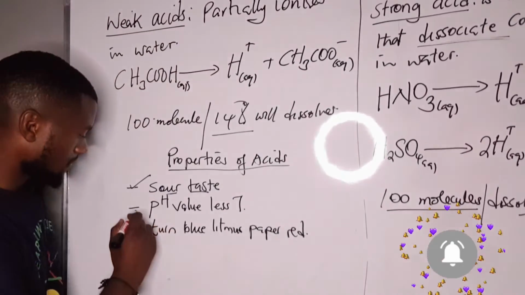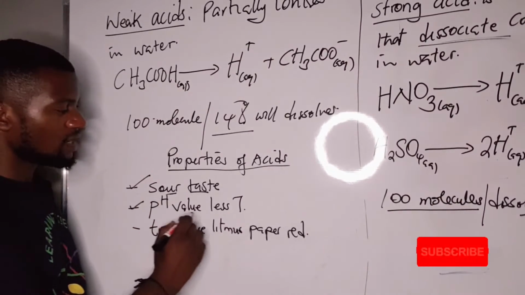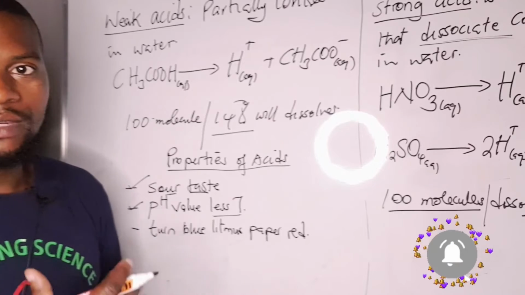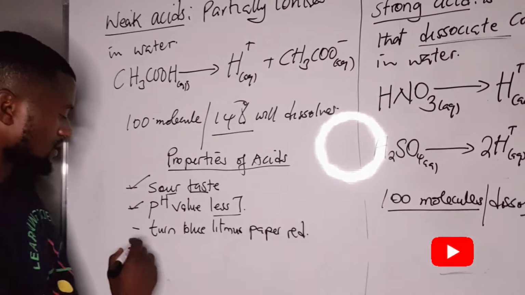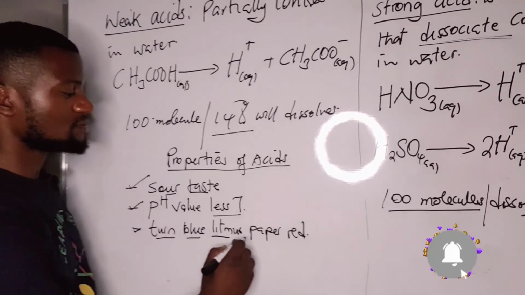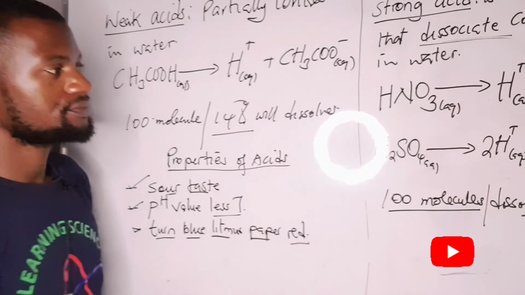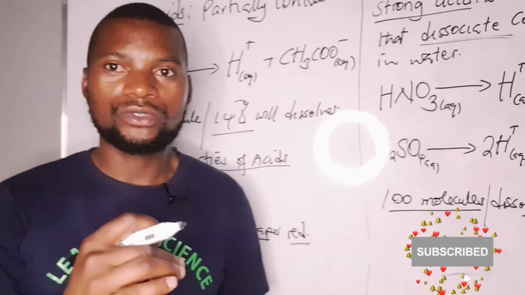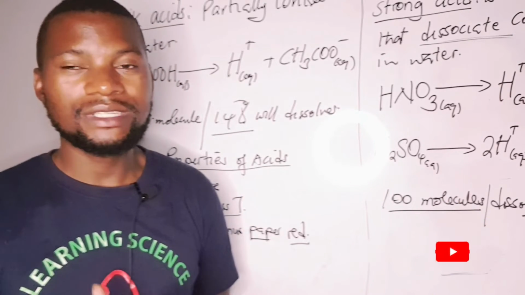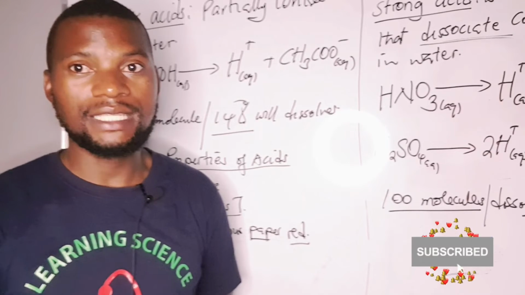Then acids have a pH value of less than 7. At the same time, acids turn blue litmus paper red. So those are some of the physical properties of the acids.